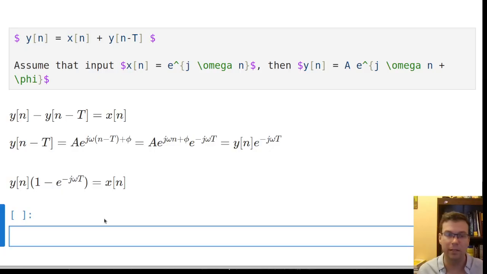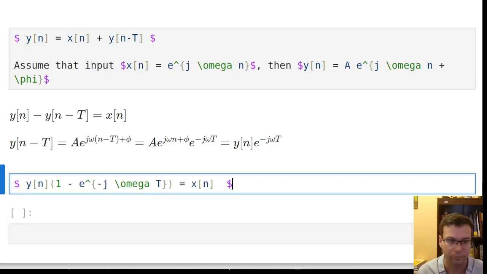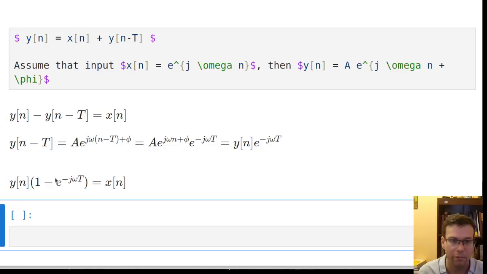And now I'm in a really interesting situation, because up to this point, all of these polynomials in z, in this case z is e to the j omega t, or e to the j omega, all these polynomials in z were in the numerator when I solve for y of n.